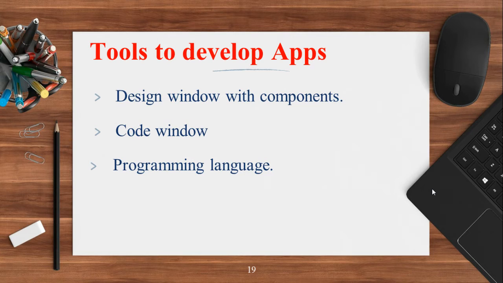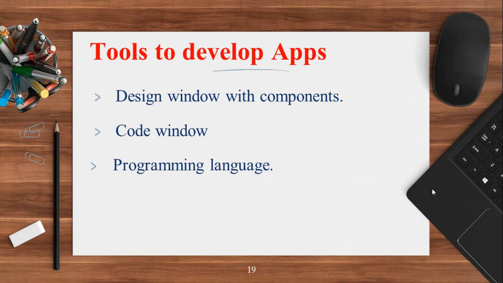What type of programming language is used for that? It is the Java programming language. And Android apps are developed for Android phones with the help of the Java programming language and the Android software development kit.